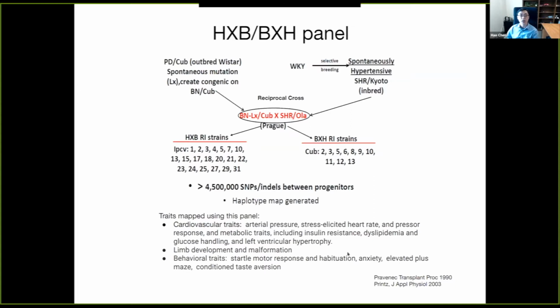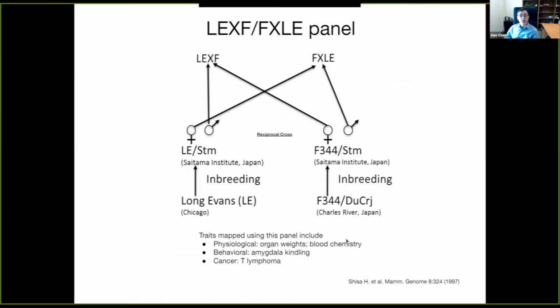So the other rat RI panel is the FXLE and LEXF. The LE here is the Long Evans rat. Long Evans is an outbred population, but this Long Evans was inbred for over 53 generations before being used as a parent strain of this panel.